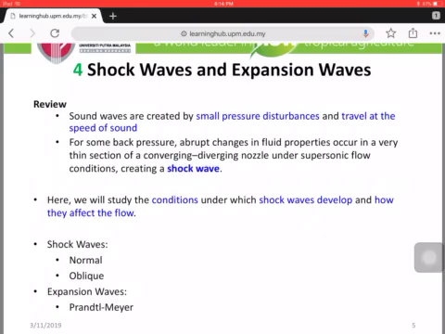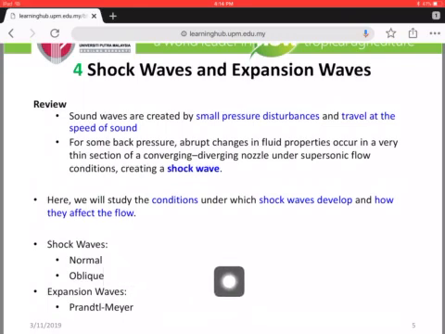So we will study the condition under which shock waves develop and how they affect the flow. There are two types of shock wave. The first one is normal, and the other one is oblique. The normal one is much simpler compared to the oblique.